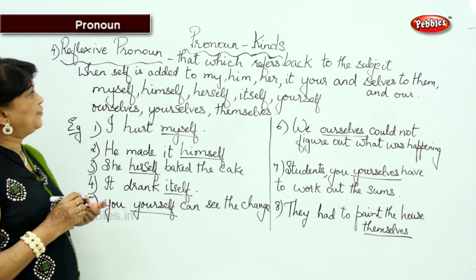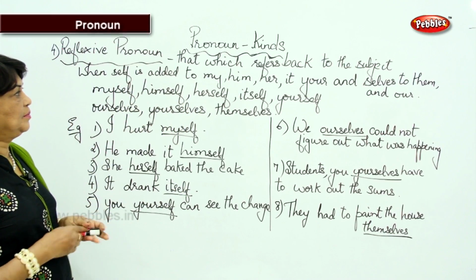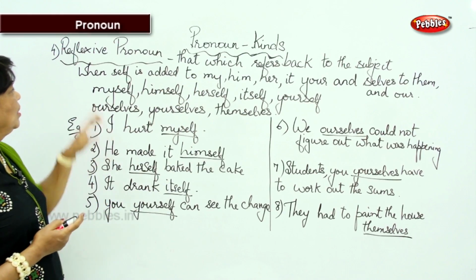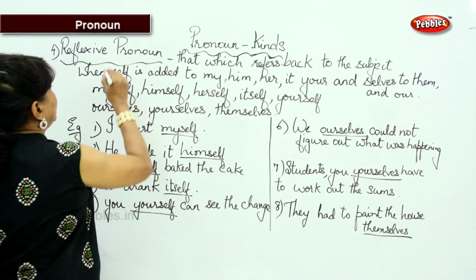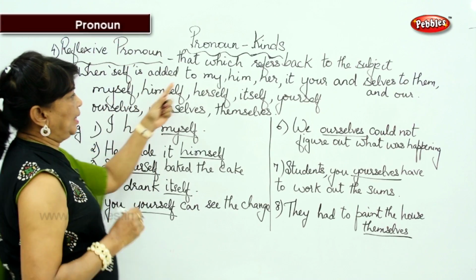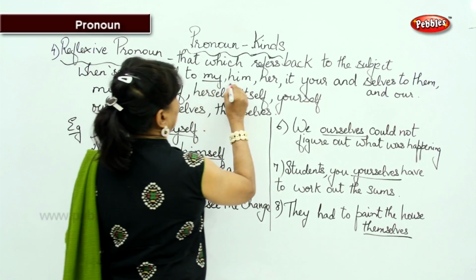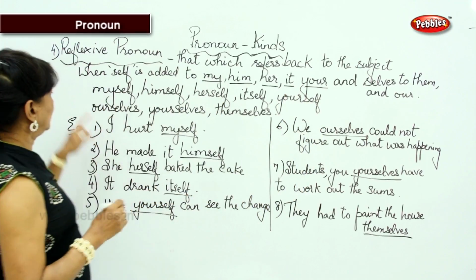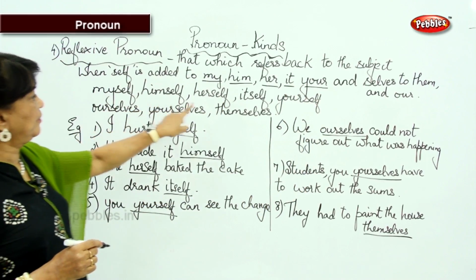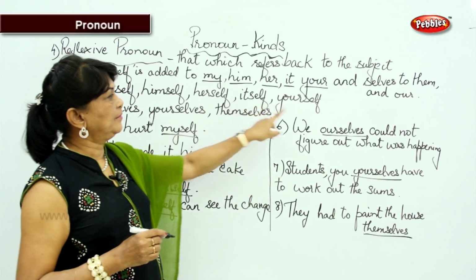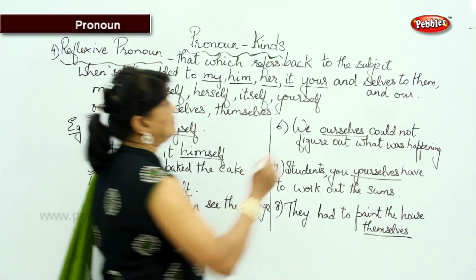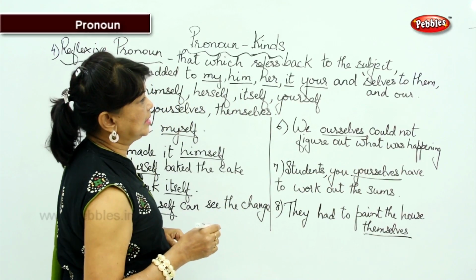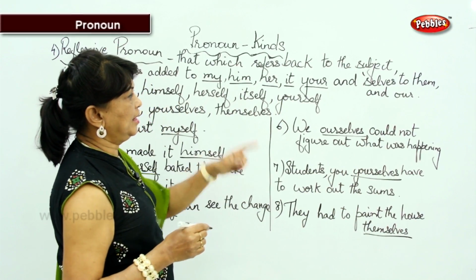Okay, now this reflexive pronoun is something that refers back to the subject, or when self is added to my, him, her, it, your. It becomes myself, himself, herself, itself, yourself. And selves is added to them and our.